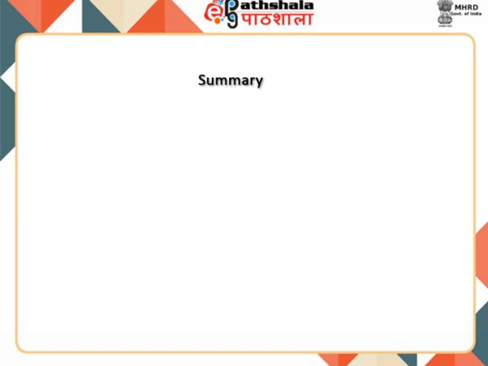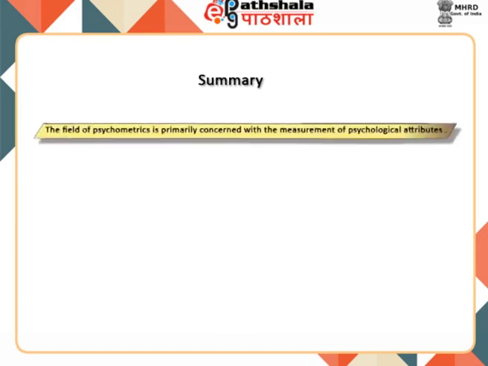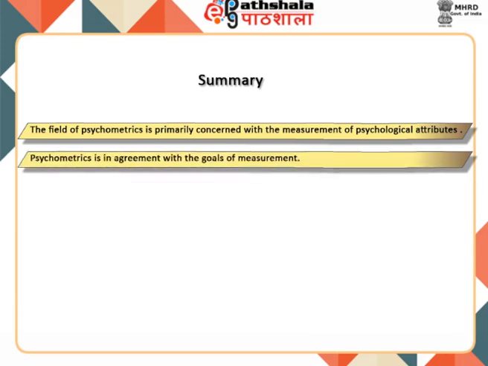In this module, you have learnt about the field of psychometrics, which is primarily concerned with the measurement of psychological attributes with measuring instruments such as questionnaires, tests, and personality assessments. Measurement is a procedure for identifying values of quantitative variables through their numerical relationships to other values.